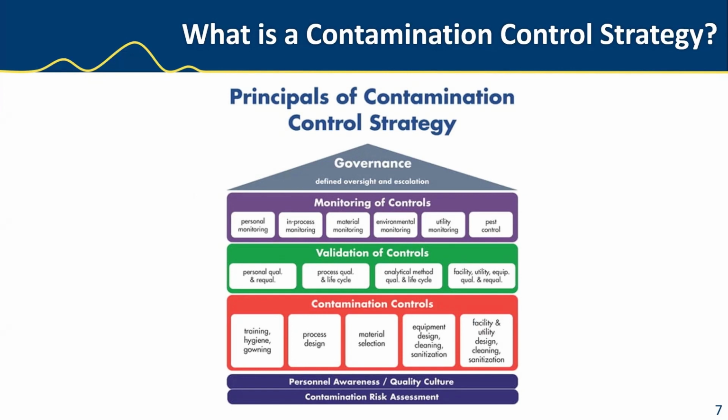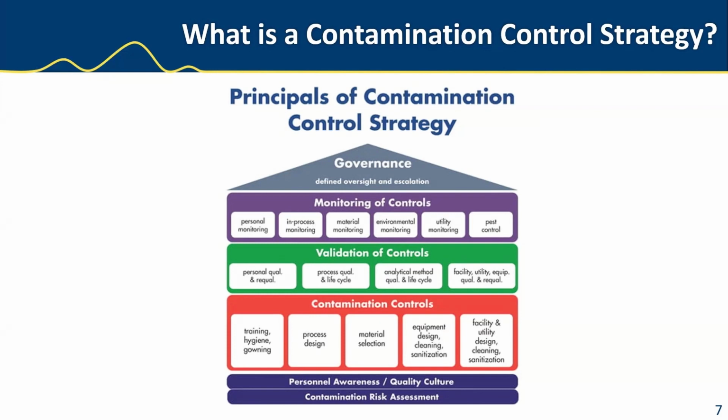The strategy encompasses various methods, protocols, and procedures aimed at controlling the introduction, generation, and retention of contaminants in these critical environments. With the contamination control strategy, we're looking at a whole governance of your facility, starting with the risk assessment.